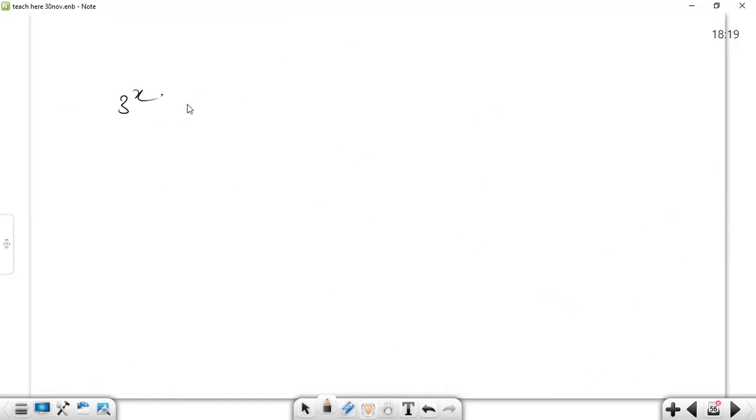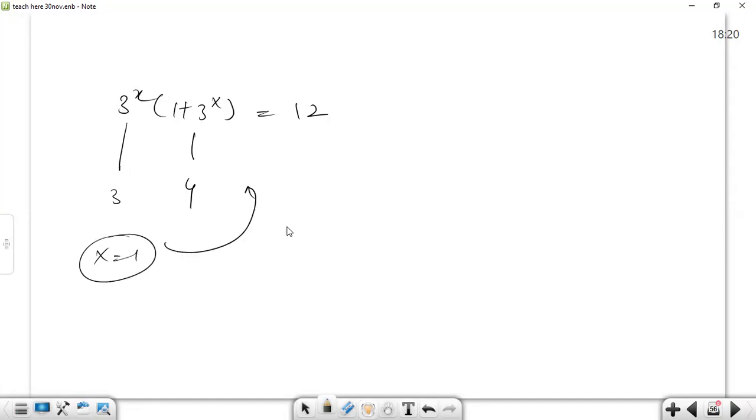So 3 raised to power x into 1 plus 3 raised to power x is equals to 12. So if this becomes 3 and this becomes 4, then our equation will get satisfied. So if x is equals to 1, this will be happening here. Okay, clear? Any doubts, or should I explain how to find the value of x?